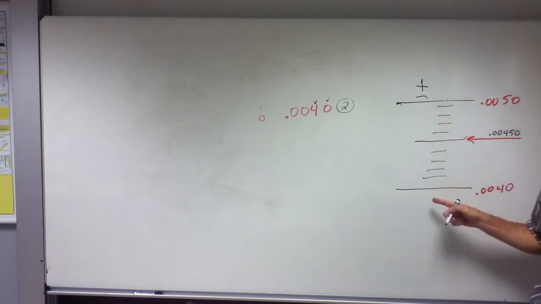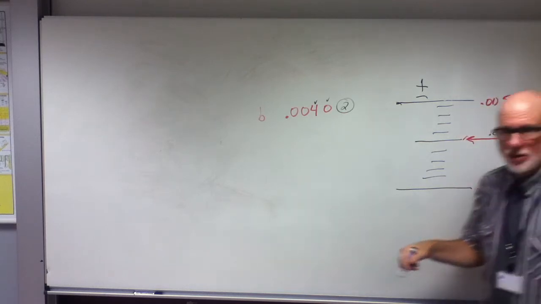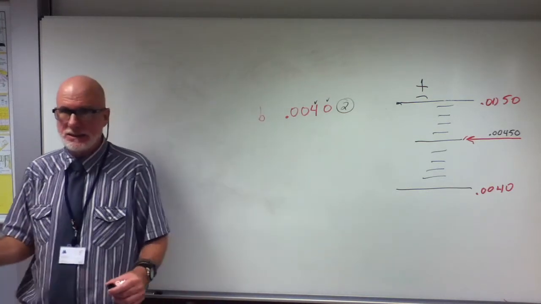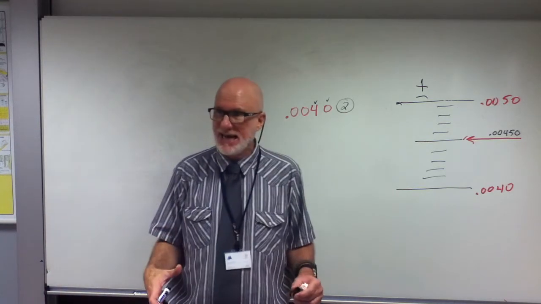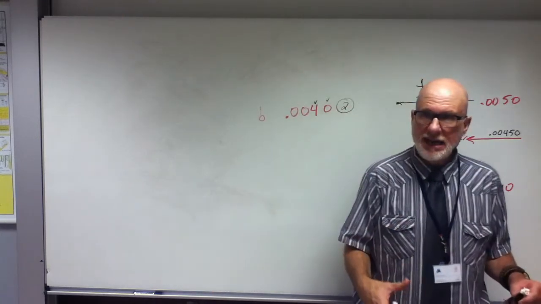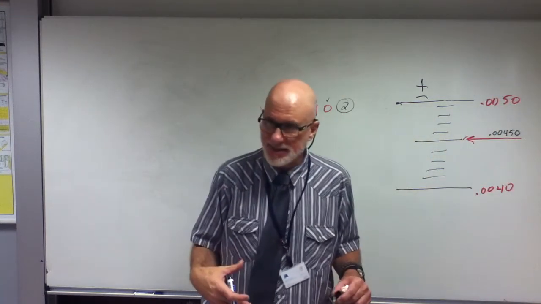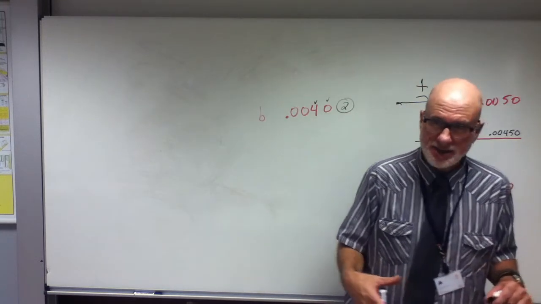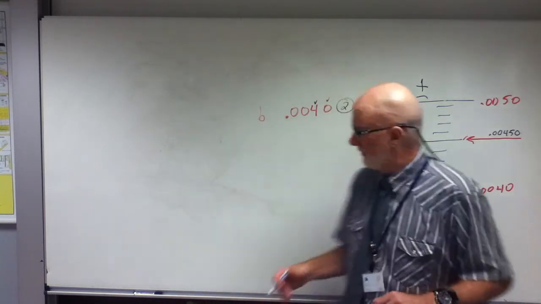Because what's the precision of this instrument? This is 10,000ths, right? Is the largest one, right? So, you ready? Millions, hundred thousands, 10,000s, thousands, hundreds, tens, ones, tenths, hundredths, thousandths, 10,000ths, 100,000ths, millionths, right?